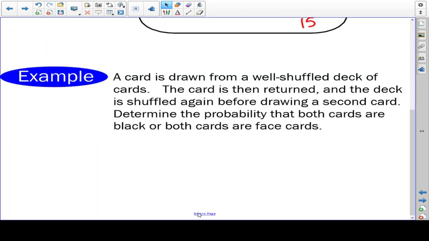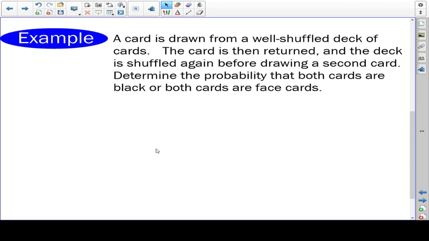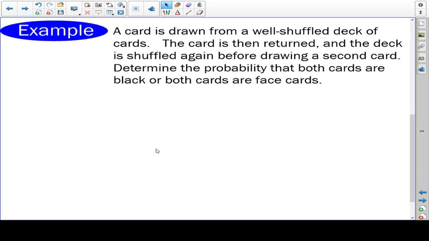Now, next example. A card is drawn from a well-shuffled deck of cards. The card is then returned, and the deck is shuffled again before drawing a second card. Determine the probability that both cards are black or both cards are face cards. So what we have to do here is use the formula.